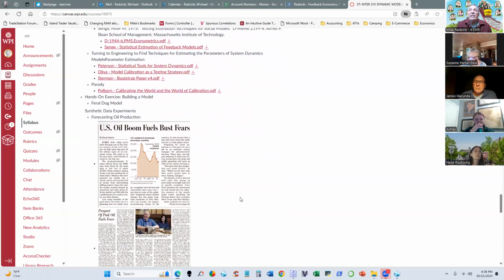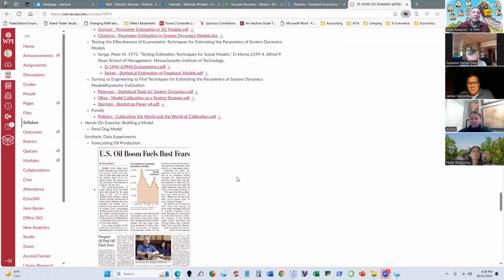And then I don't remember if we discussed it last week or not, but we've kind of arrived at the model we're going to use for our hands-on model building example. And that's a feral dog model. And we'll get into that a little later, maybe not today, as to why we're going to do that.